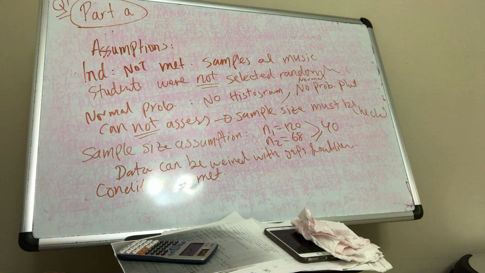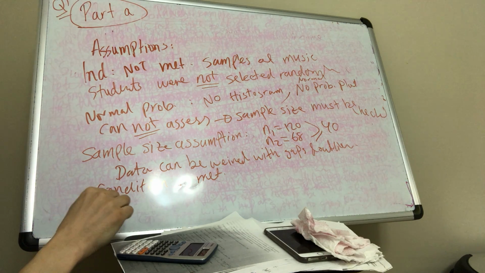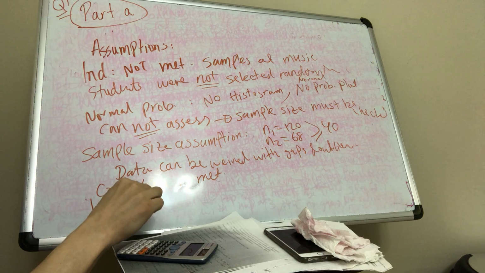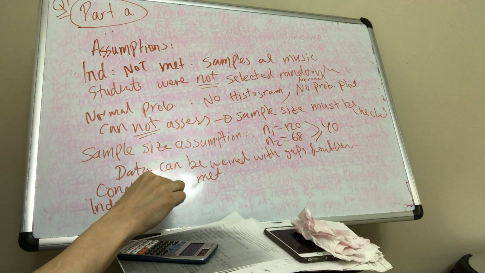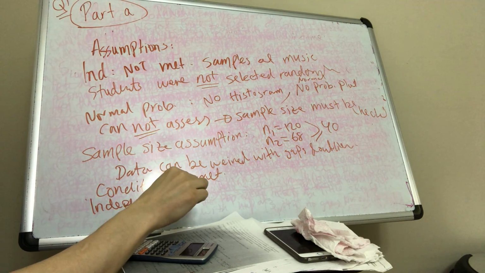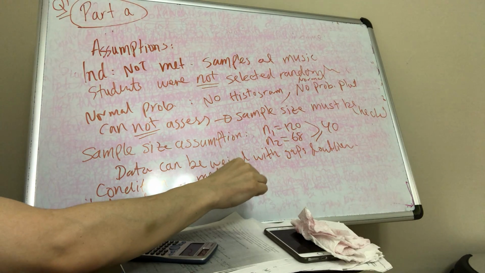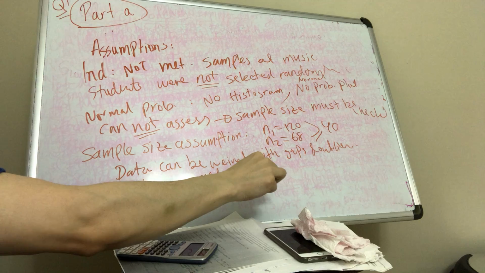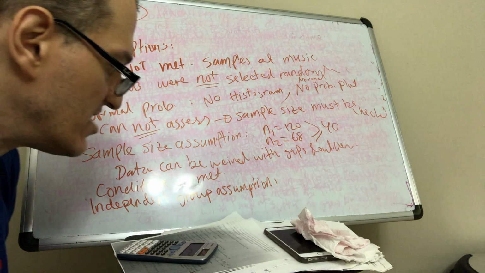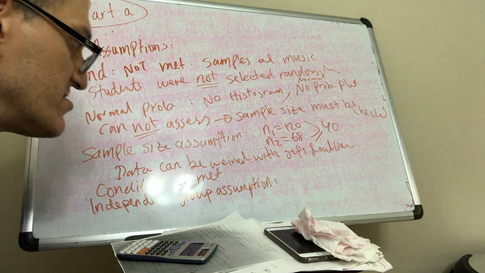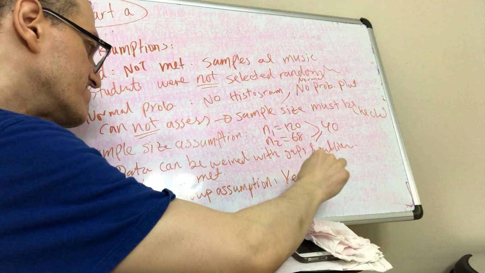Now, the new assumption for this chapter is the independent group assumption. Do we have two separate groups? You say yes, met.